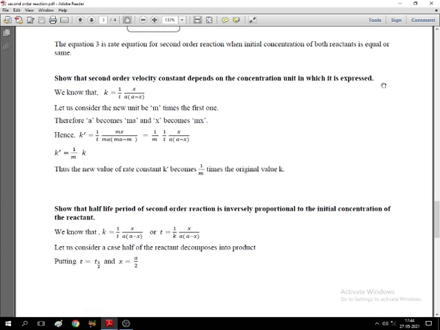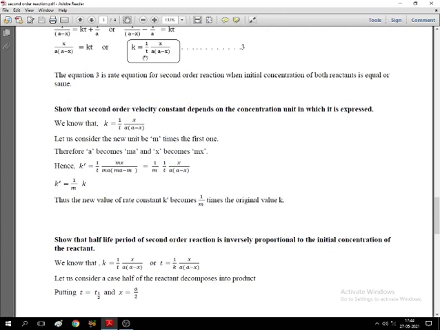This means we have to prove that the rate constant depends on the unit of concentration, right? For that purpose here we consider the kinetic equation, that is K is equal to 1 upon T into X upon A into (A minus X). This is the equation number 3. Let us consider the new unit to be m times the first one. That is, the earlier unit of your concentration, we take m times of it and change it, right?